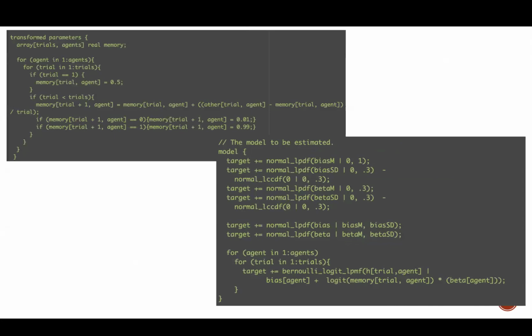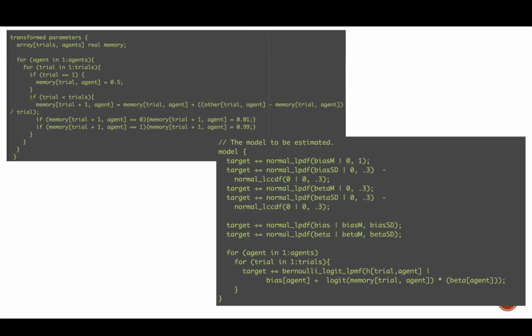Now we have, as before, when we were coding the memory stan model, a transformed parameters block where we pick the choices of the other, and on a trial by trial basis, we update our memory of the estimated bias in the other. We create a matrix that has trial rows and agent columns, real values between 0 and 1.